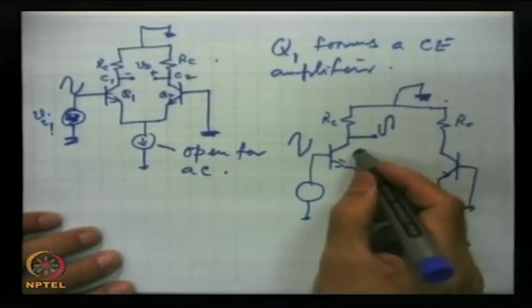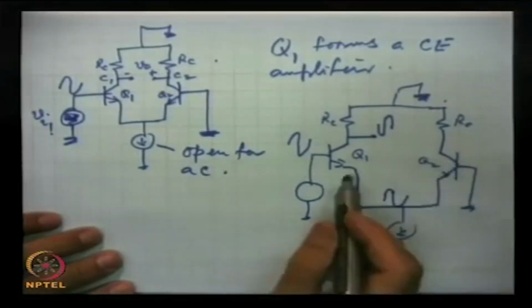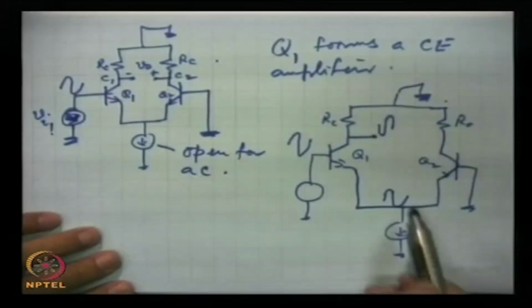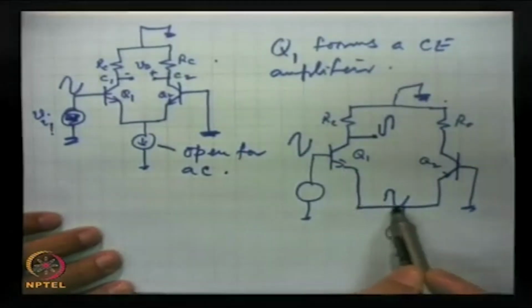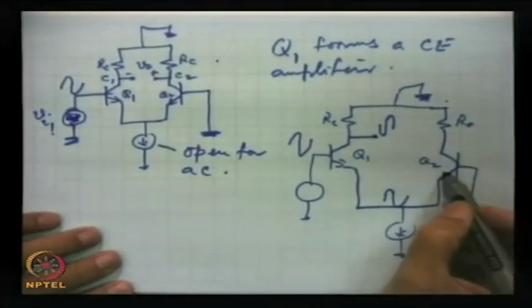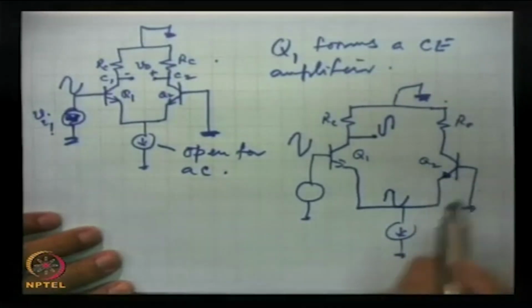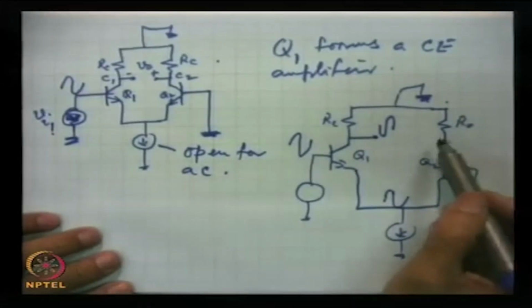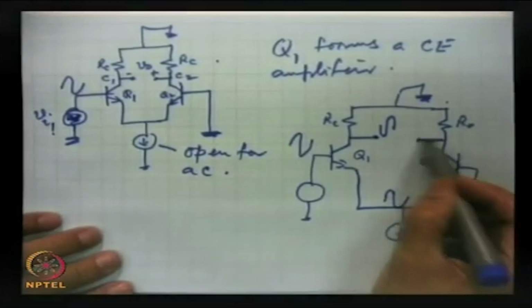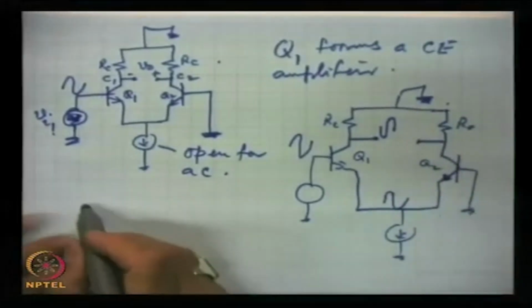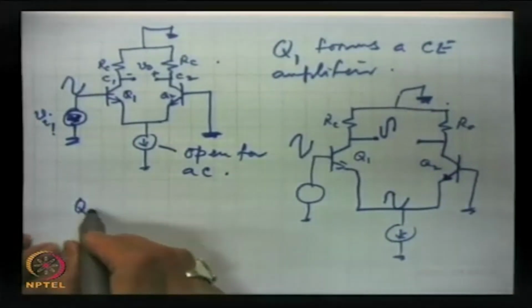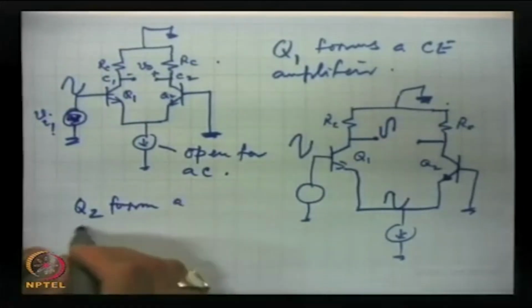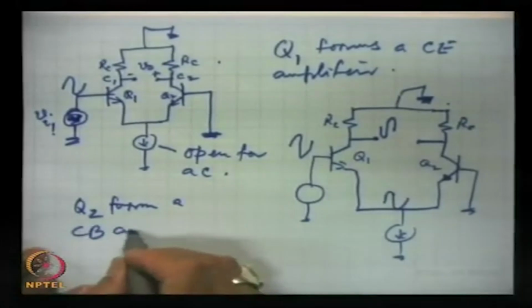Now, very important point, Q1 forms a CE amplifier, but now look here, this signal will propagate from here to this emitter. So, the signal is applied at the emitter, and we are taking it at the collector. Q2 forms a common base CB amplifier, very important point.